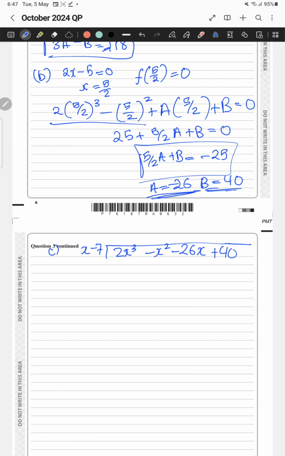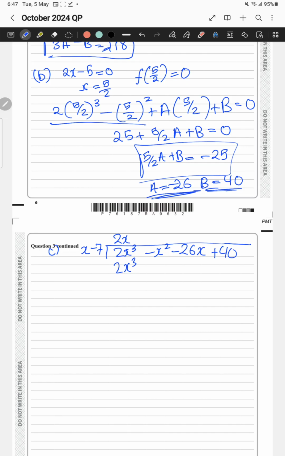So I'm going to divide this term by this, and write it over here, and then expand this term and write the term over here, right? So 2x cubed divided by x is just 2x. Expand the bracket, so we have 2x cubed, right?